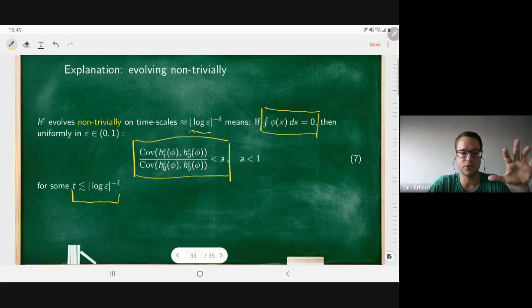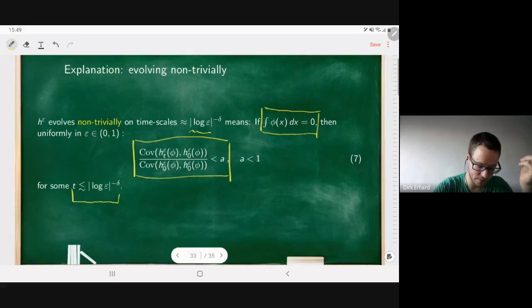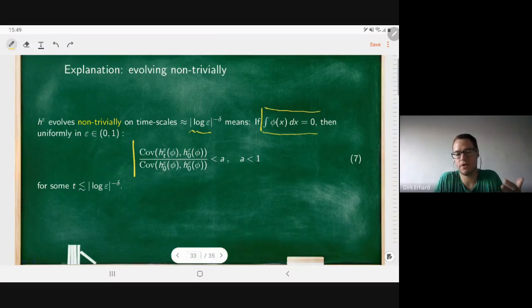Again, log epsilon to the minus delta really goes to 0. And why is it different from the linear equation? In the linear equation, of course, as soon as t is positive, this ratio is also smaller than 1. But the point is that in the linear equation this a will depend on epsilon.